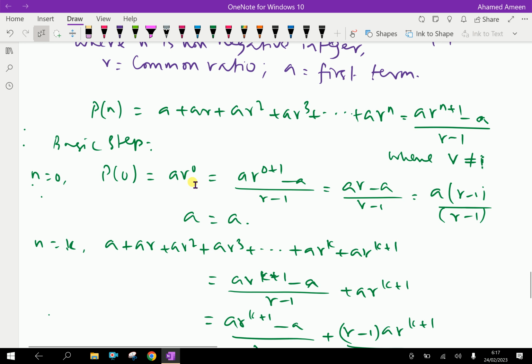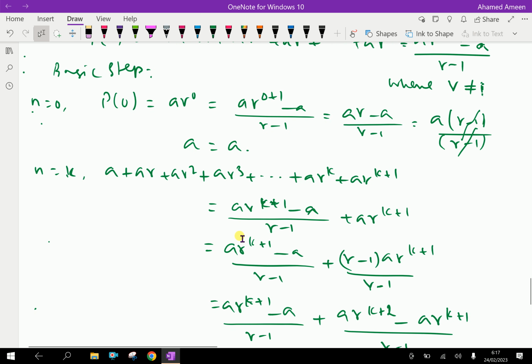Anything to the power 0 is 1, so a times r^0 is a. On this side, a r minus a over r minus 1, taking a common, is a(r minus 1) over (r minus 1). The r minus 1 factor cancels, so we have a. So the left-hand side is a, and the right-hand side is also a. Therefore the basis step is proved.